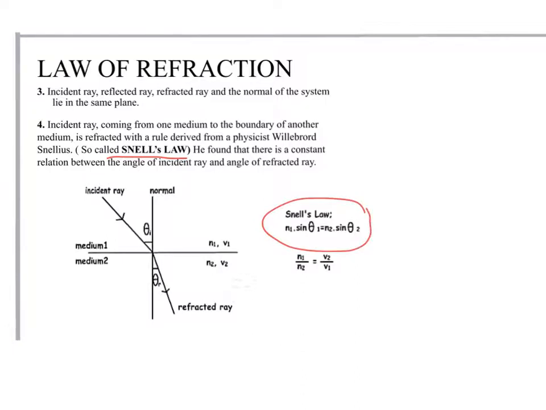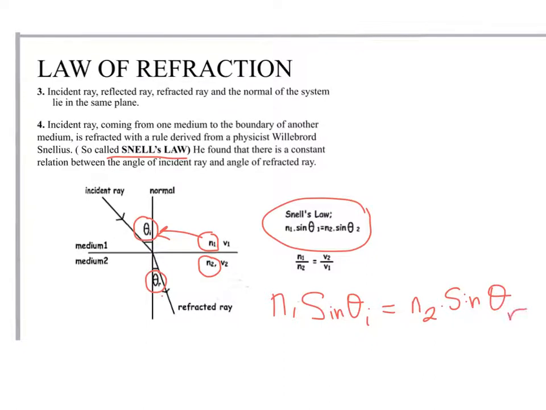What does it say? This is the medium 1 with a refractive index N1, and at that medium the angle of incidence is theta I. This is the coming medium N2, and this is the angle of refraction theta R. So N1 times the sine of incident ray should be equal to N2 times the sine of refracted ray.